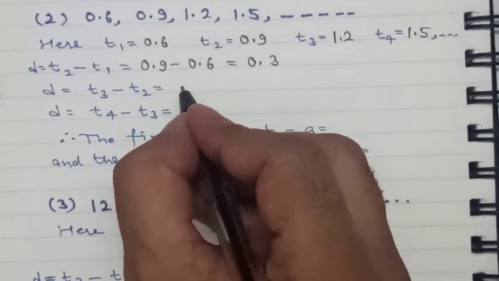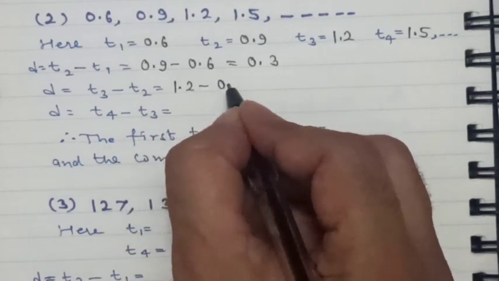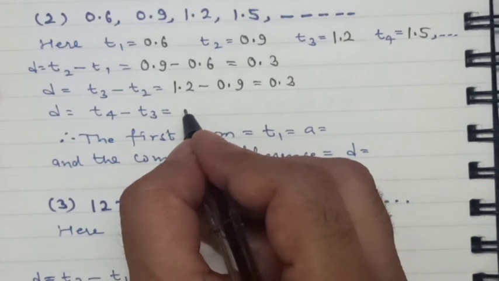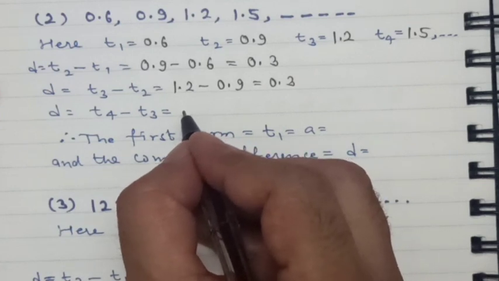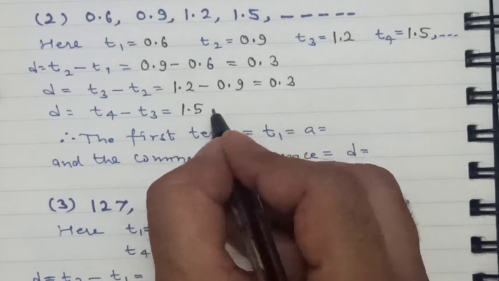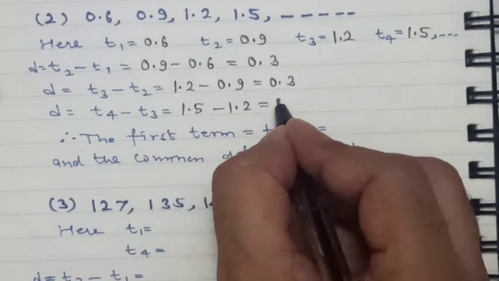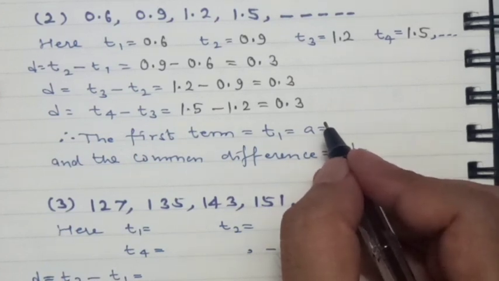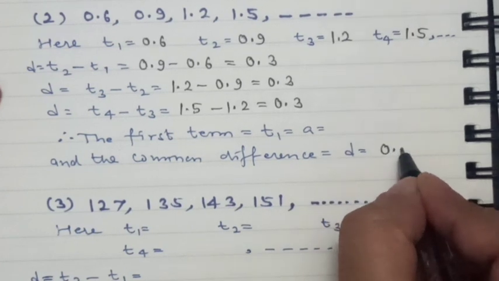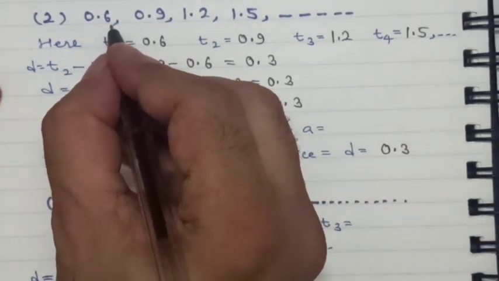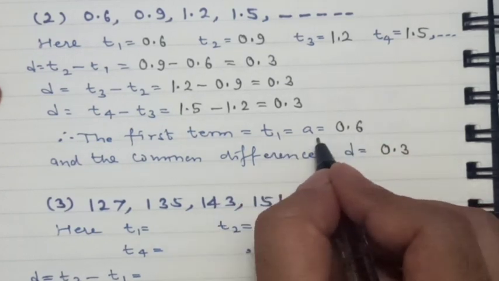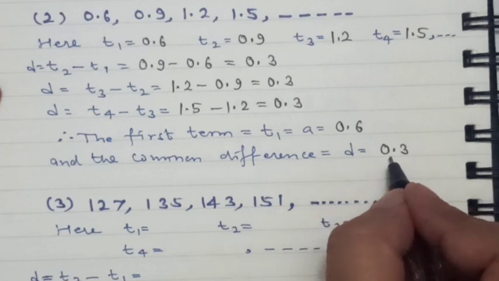T3 minus T2, that is 1.2 minus 0.9 gives you 0.3. Same way T4 minus T3 is 1.5 minus 1.2 gives you 0.3. Everywhere you are getting the same difference, 0.3, which will be your common difference. So T1 is equal to A is equal to 0.6 and D is equal to 0.3.